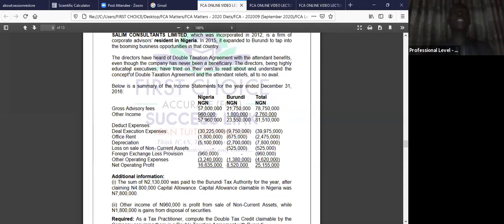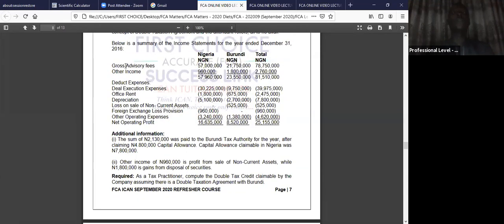If you look at it again, gross advisory fee. These are the gross amounts being paid. Look at other incomes here. Now look at the total income gotten. Then look at the expenses: deal execution expenses, office rent, depreciation. When you reach depreciation, you know this depreciation is not allowed.